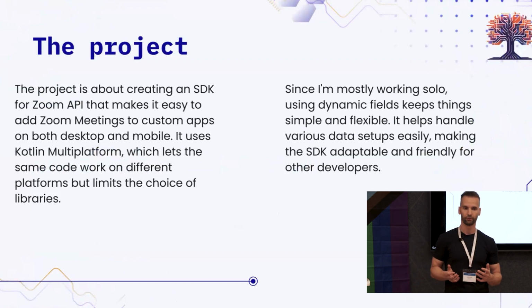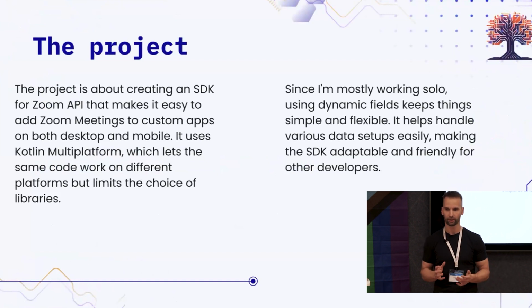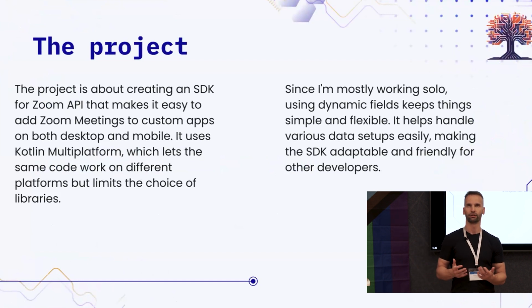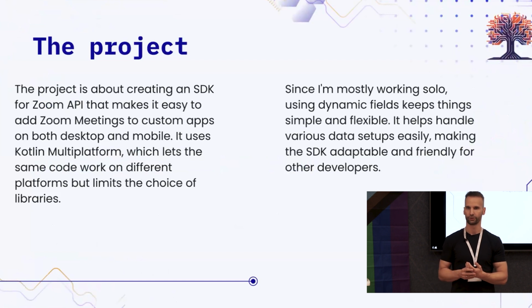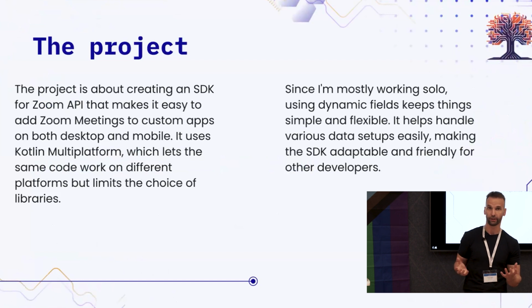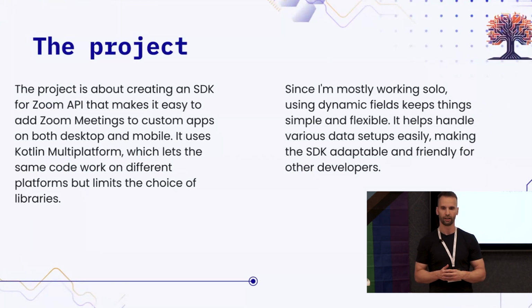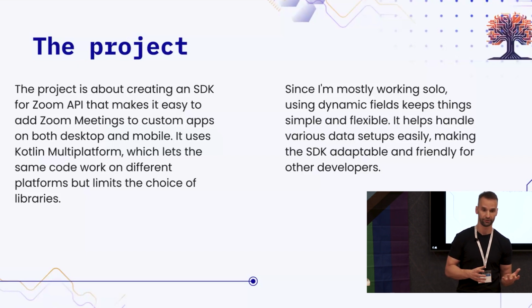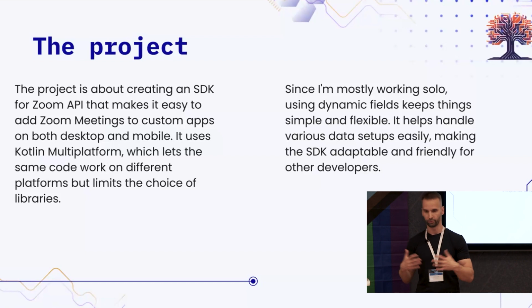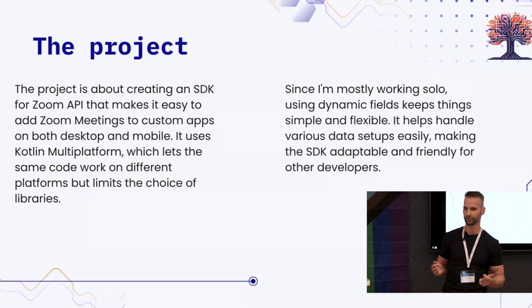Since I typically work solo, I use Kotlin Multiplatform just for code reuse, and overall it helps me save a lot of time. But then there are also challenges that the SDK cannot solve on its own. That's when I have to deal with the inherently complex data model that's present in Zoom and decide how to map all the objects and fields to the classes in my SDK, so that I support the broad variety of functionality there is in the API.